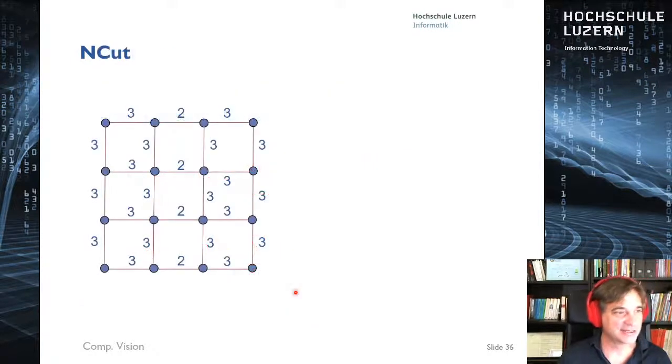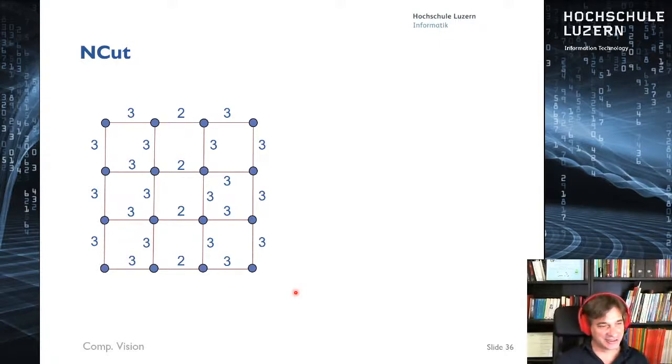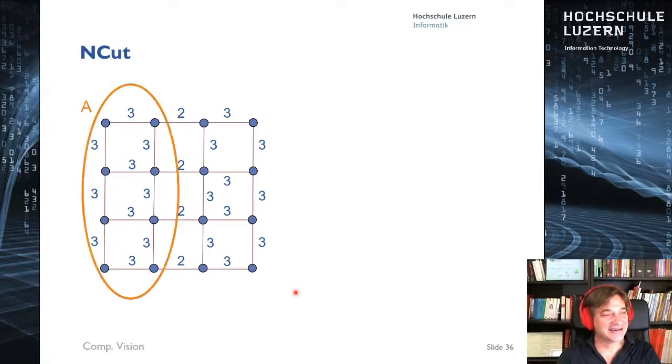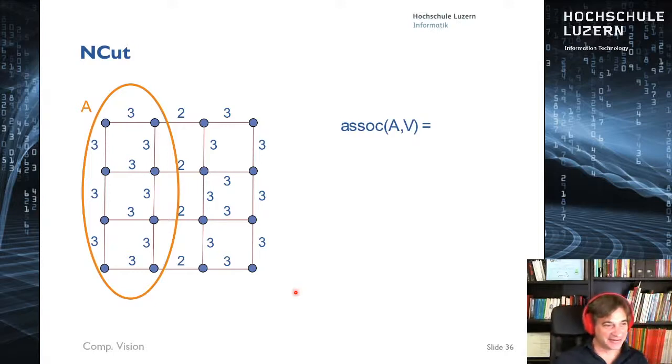Okay, now let's look at what happens here, and I just noticed that I actually made a mistake here, so we can see what the mistake was. I will correct it at the end. So the idea is we will assume that this is our first A, and so what is the value of this association of A and V?